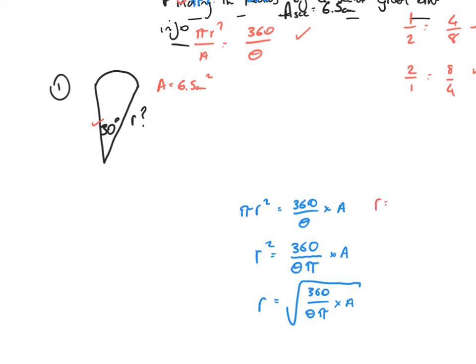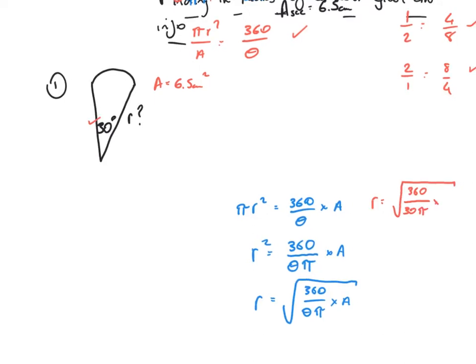So let's throw that in. That will be r equals the square root of 360 over 30 times pi multiplied by the area, which is 6.5, and then I can enter all that into the calculator. And to one decimal place, that will give me 5.0 centimetres.